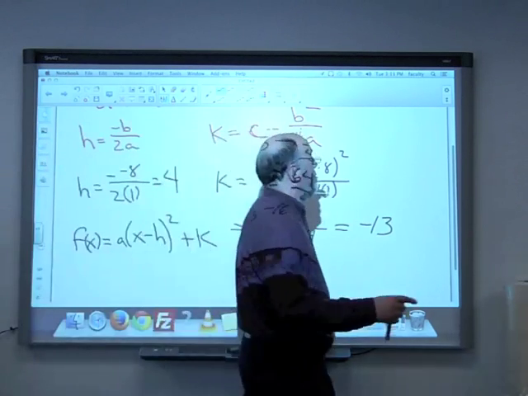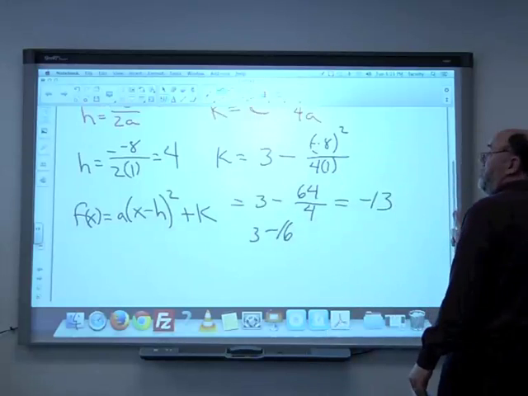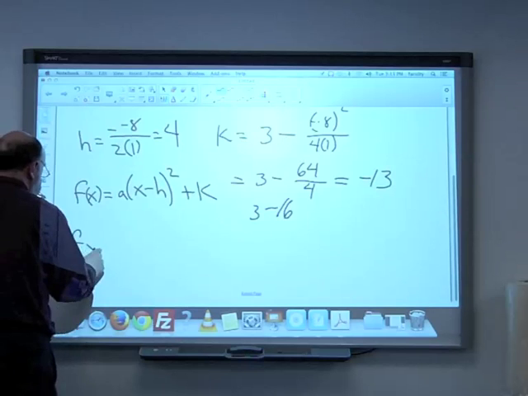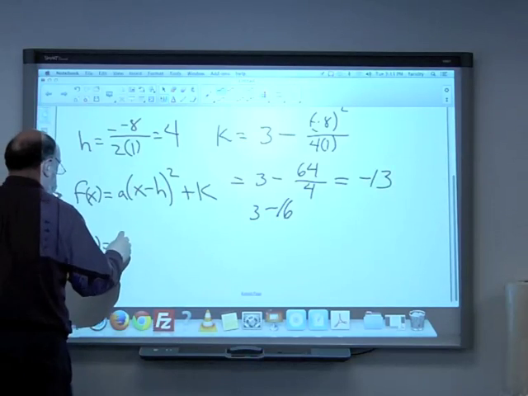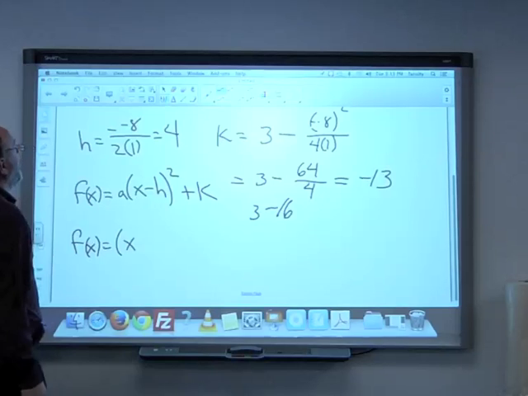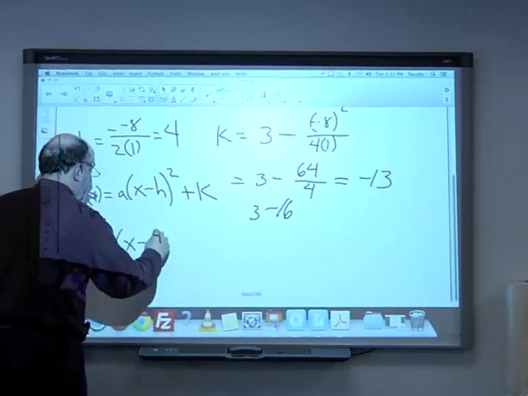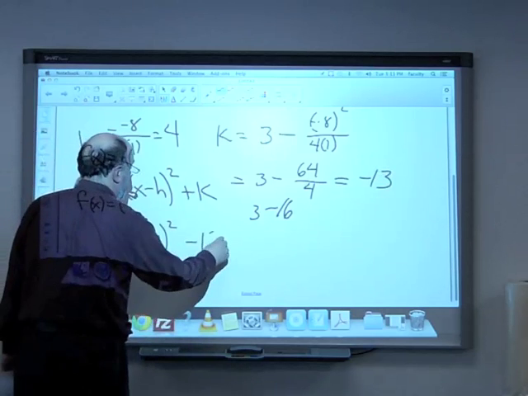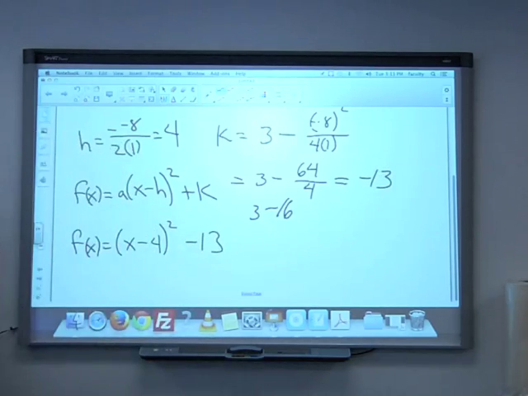A is what? 1. So f of x is going to equal x minus my h value, which was 4, squared, plus my k value, which is negative 13. We do not need the 1 out front, because after all, 1 times anything is anything.